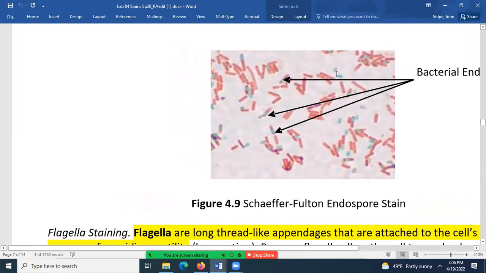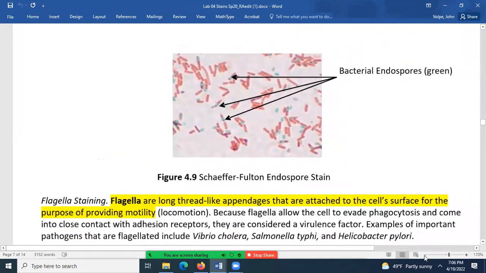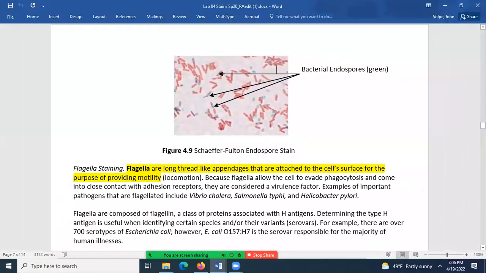Here is an endospore that has been separated from the cell, right here. All right, and in the lab, you'll read about the Schaefer-Fulton endospore stain. And that's what we're looking at here.